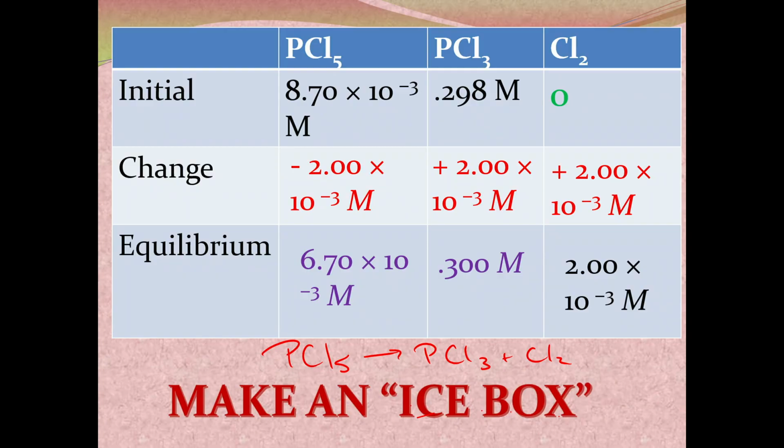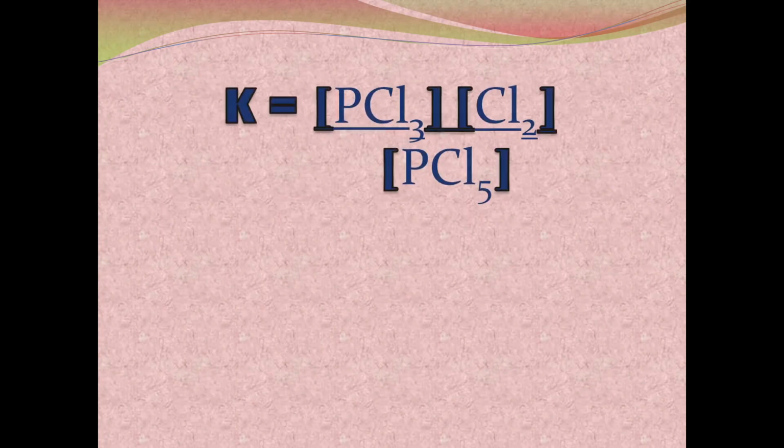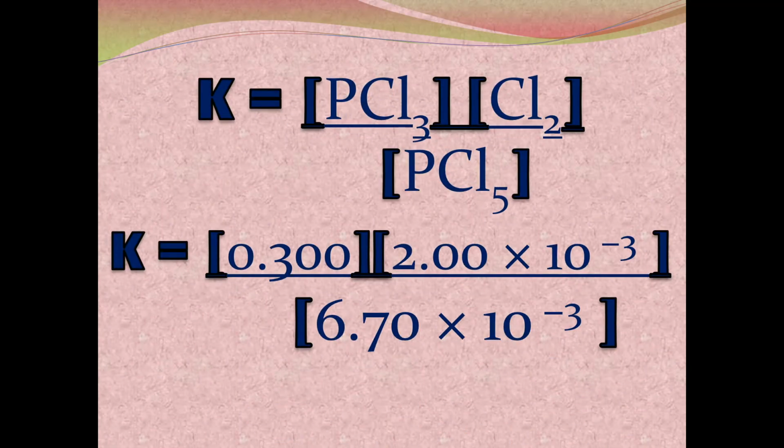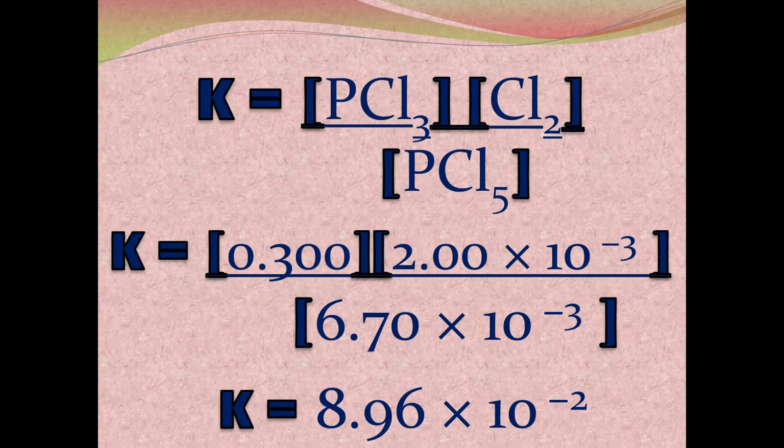From these equilibrium concentrations, I could then find the K value for this reaction. The K value for this reaction is just 0.3 times 2.0 times 10 to the minus 3 divided by 6.7 times 10 to the minus 3. So once I get all the equilibrium concentrations, I can find my K value. In this case, my K is equal to 8.96 times 10 to the minus 2.